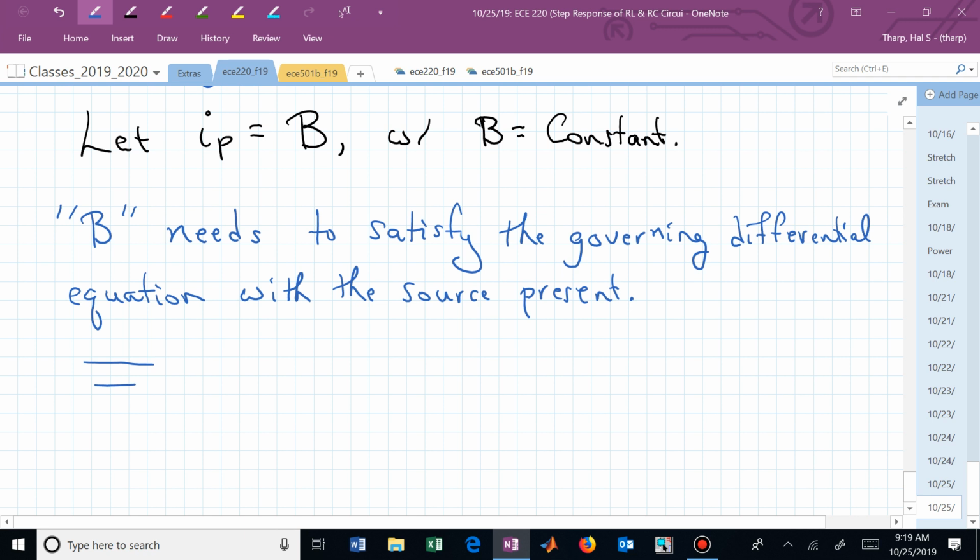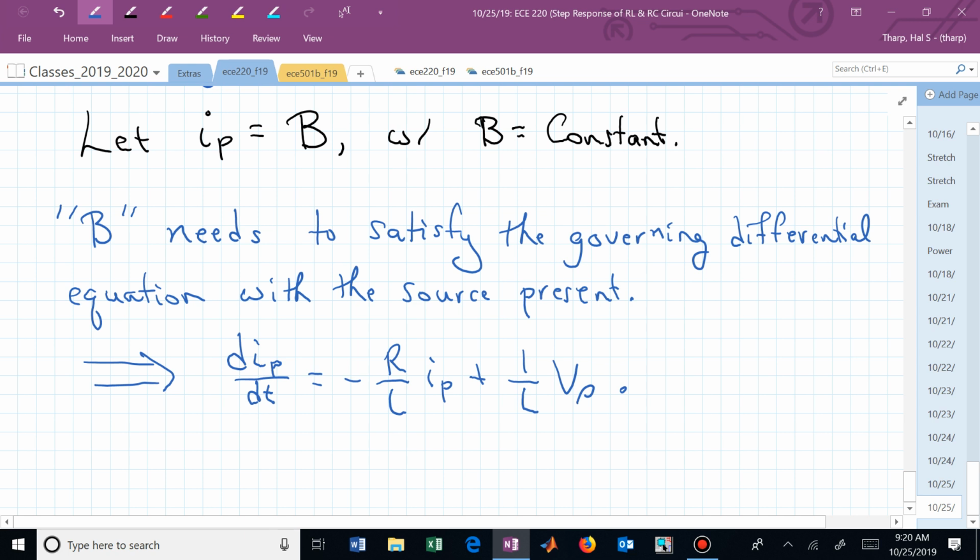Or we now have this differential equation. We're trying to find I sub p. We know this I sub p needs to satisfy our governing differential equation, which is di sub p dt is minus R over L times I sub p of t plus 1 over L V sub s.